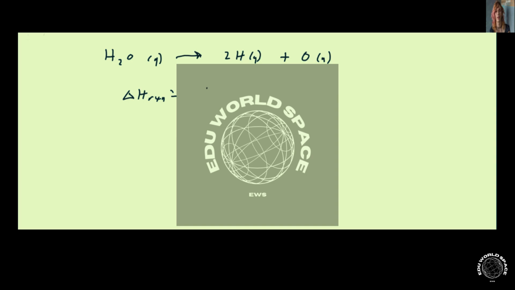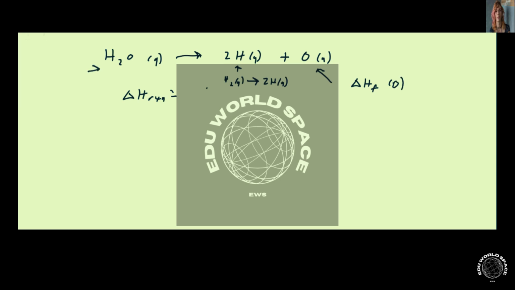We need the enthalpy of the products. So the enthalpy of the products, we've got these two hydrogen gases, and the enthalpy that we'll be using for that is the enthalpy for this reaction. And for this oxygen, we'll just be using the enthalpy of formation for a gaseous oxygen atom.